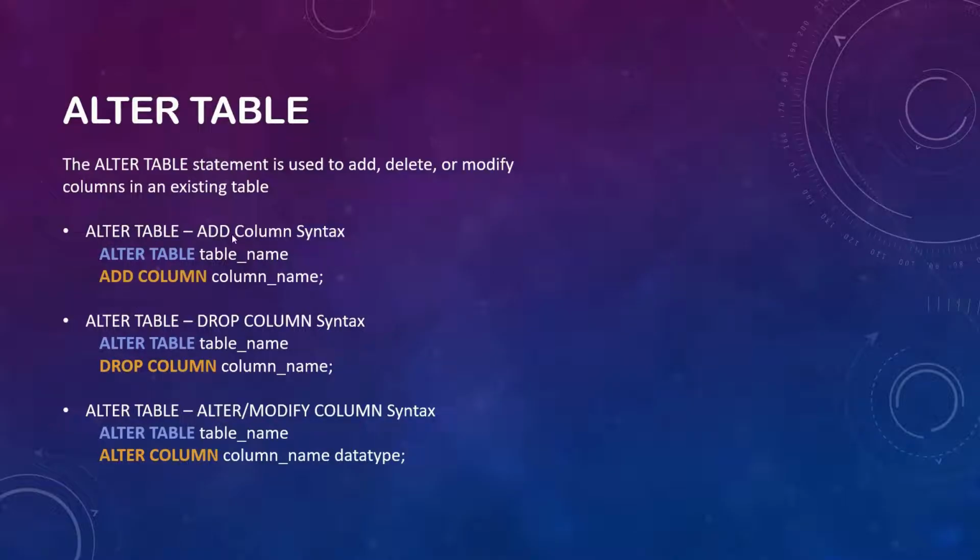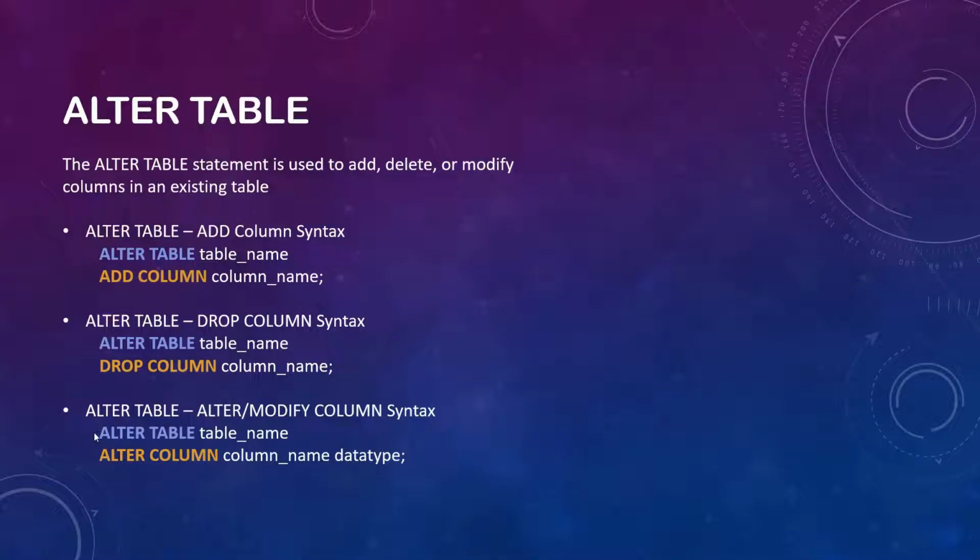For adding a new column, you can use this syntax: write alter table, then the table name, then add column and the new column name. Next is drop. If you want to drop or delete a particular column, you need to write alter table, then the table name, then drop column and the column name.